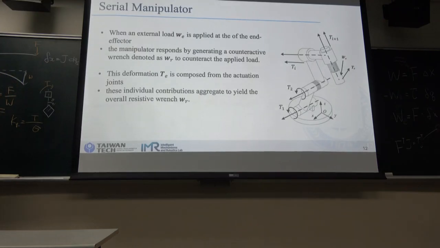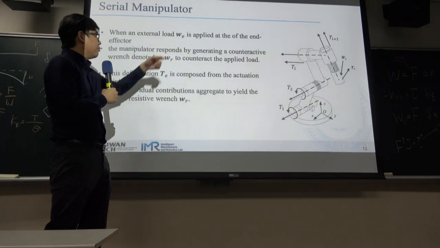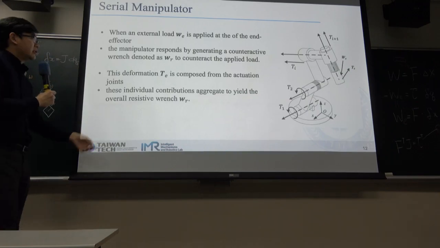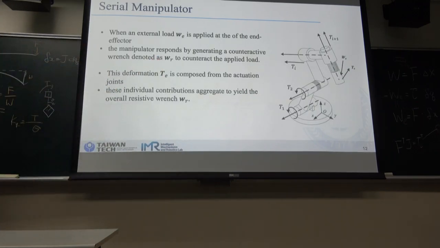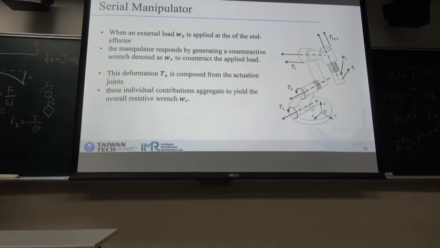So when an external load, this is WE, is applied at the end effector, the manipulator responds by generating a resistive force, denoted as WR, to counteract the applied load. And the deformation is composed from the actuation joints. These individual contributions aggregate to yield the overall resistance of the bridge.